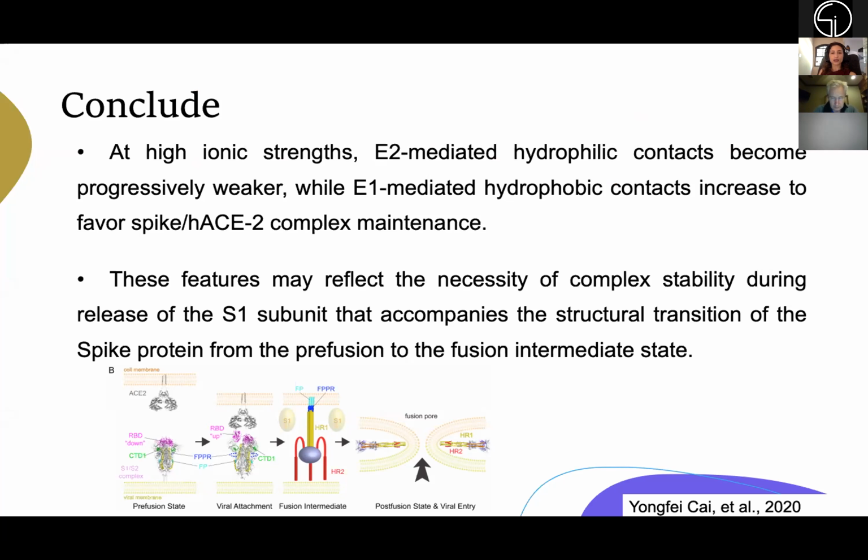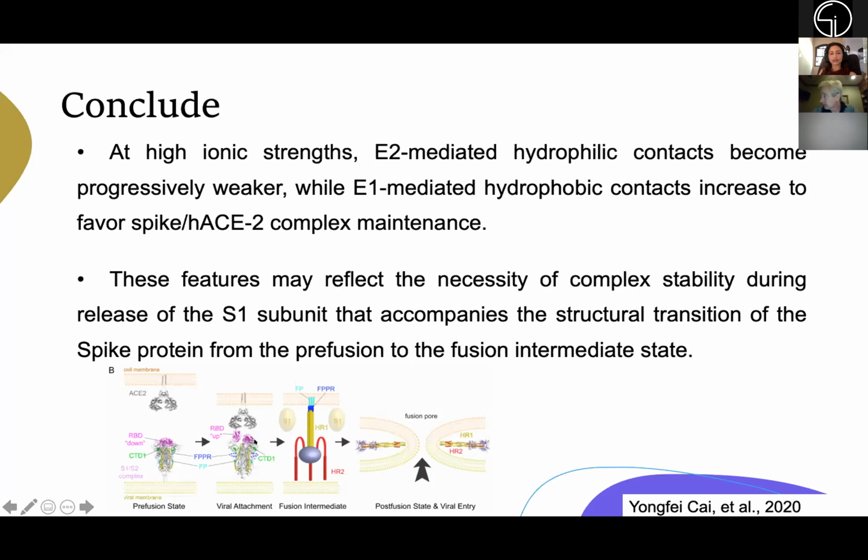These features may reflect the necessity of complex stability during release of the S1 subunit, that accompanies the structural transition of the spike from the viral attachment or prefusion state to the fusion intermediate state shown here.